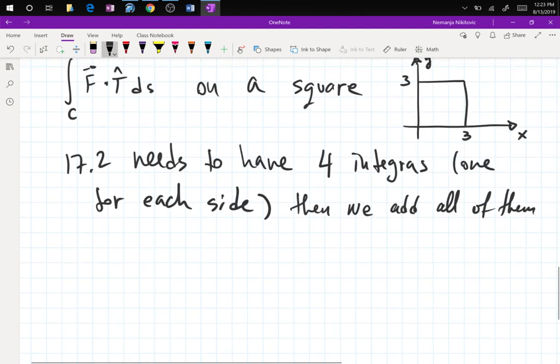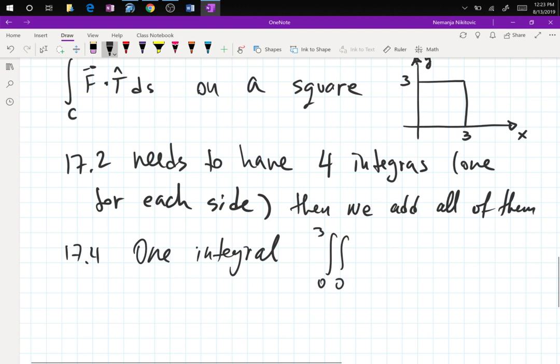But guys, think about setting up a double area integral over a square. Hey, that's the cheapest integral you can have. Because in 17.4, the same problem has one integral, which will have the double integral 0 to 3 and 0 to 3, and then over here is the curl of f, and then you have your dx dy or dy dx.